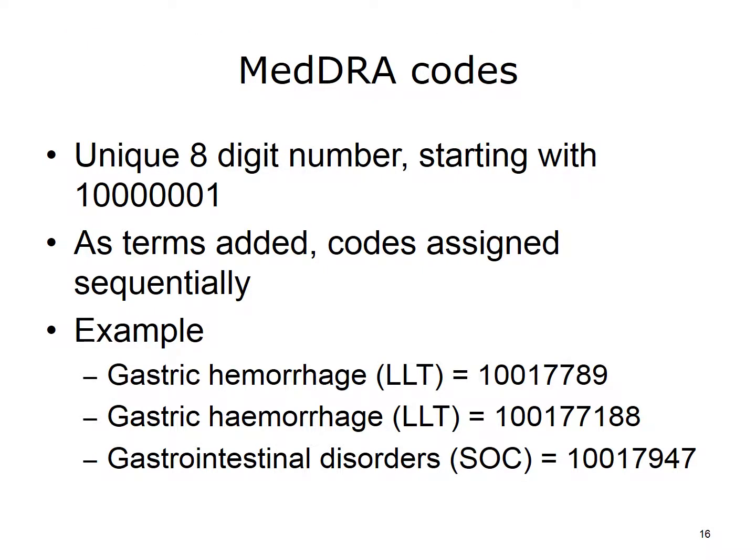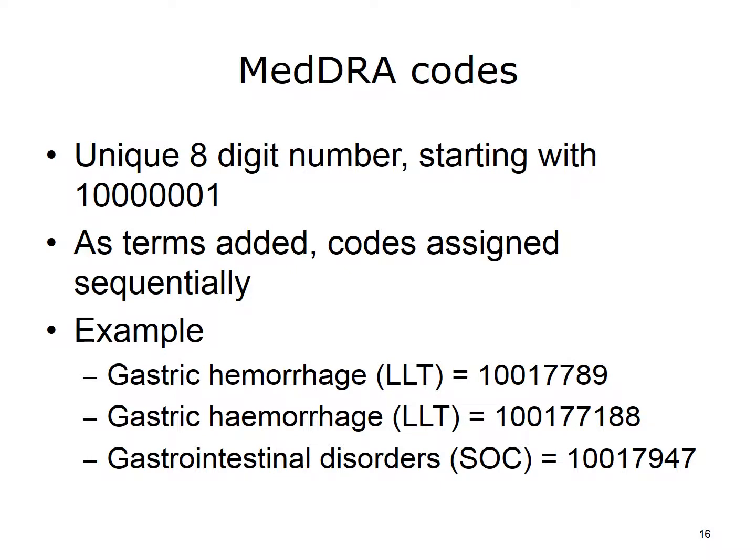Slide 16. MEDRA is a unique 8-digit number, starting with 100000001, with new terms being coded sequentially. Examples are gastric hemorrhage, LLT, equals 10017789. Gastric haemorrhage, LLT, equals 1001771188.